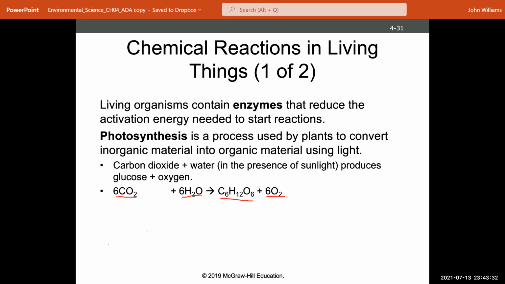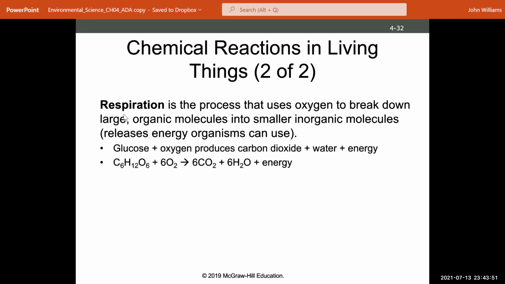Okay? Now, whenever we take that glucose molecule in our bodies, say we eat a plant, we get that glucose molecule as a starch. Our body will break down that starch into individual molecules, and then we'll break down that glucose molecule through the process of cellular respiration.